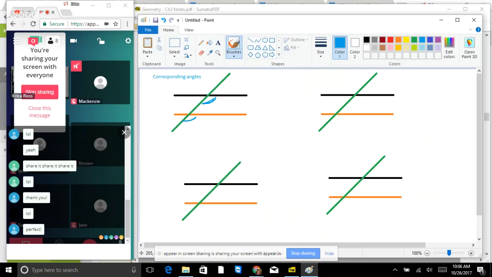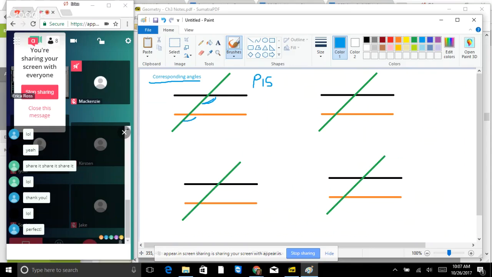We have two postulates that cover corresponding angles. So corresponding angles don't get proved, they get a postulate. So postulate means we just say it's true and you just believe it, right? So we have postulate 15, P15, okay? Postulate 15 says that if two lines are parallel and they're cut by a transversal, then the angles are congruent.